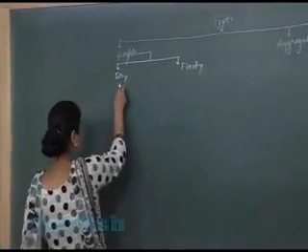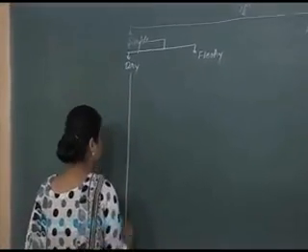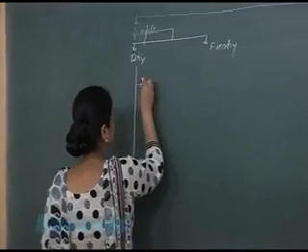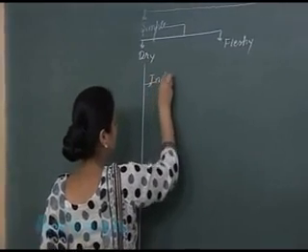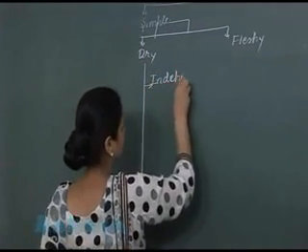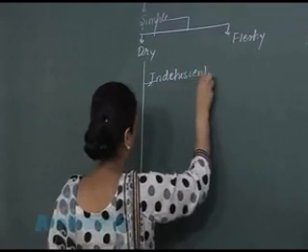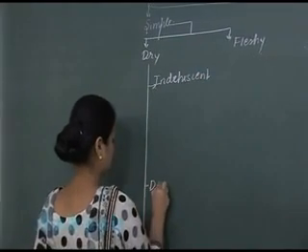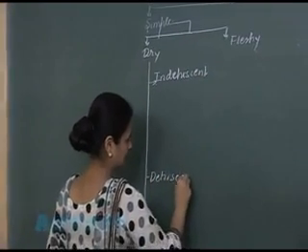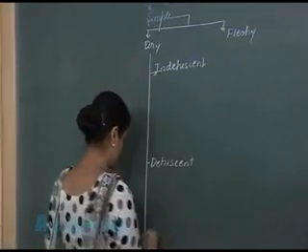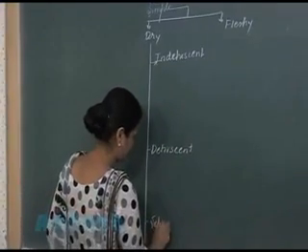Now, in the dry fruits, there are 3 categories, that is indehiscent, dehiscent, and the category which is in between, that is schizocarpic.